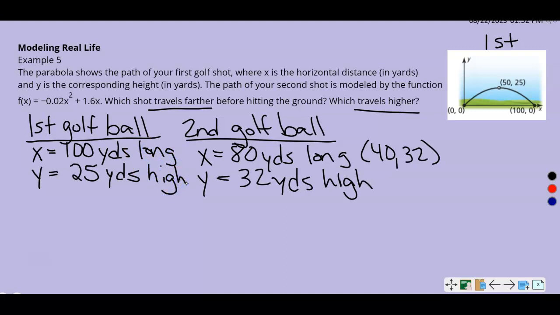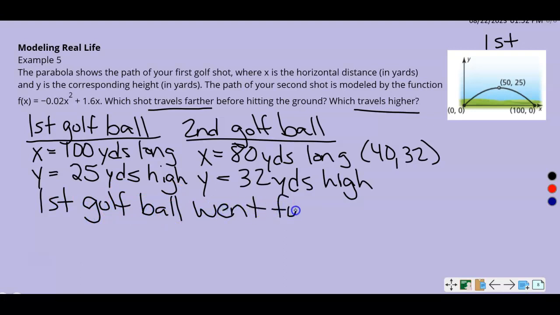All right, so it says the path of your second shot is modeled by the function, which shot travels further before hitting the ground, which travels higher. So you can see that the first golf ball went further by 20 yards, right? It went 100 yards and the other one went 80.